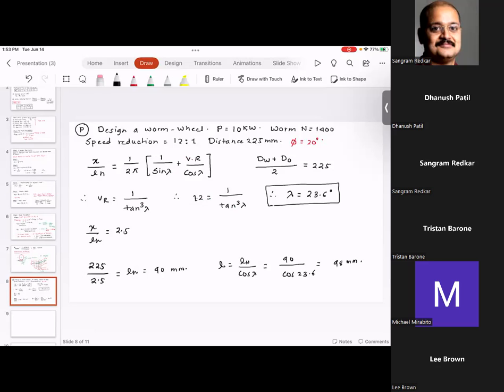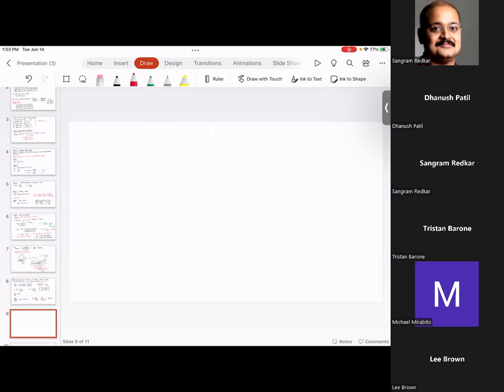Now the next part is the velocity ratio is given as 12. So we have to find out the appropriate number of starts. As you can see, you can go to table 31.2. So the number of starts is equal to 4.